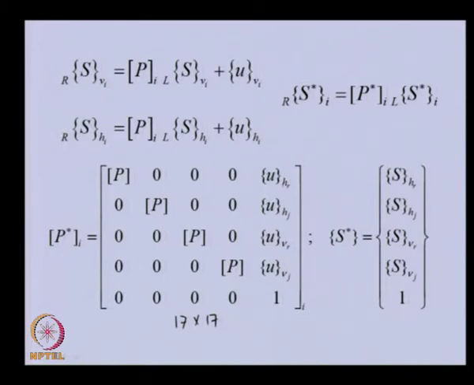You can see that the state vector for such a case is this in the horizontal plane, these two, and this in the vertical plane, the real part and imaginary part. So, the size of this state vector is again 17 into 1. This will be the same for the field matrix state vector also.